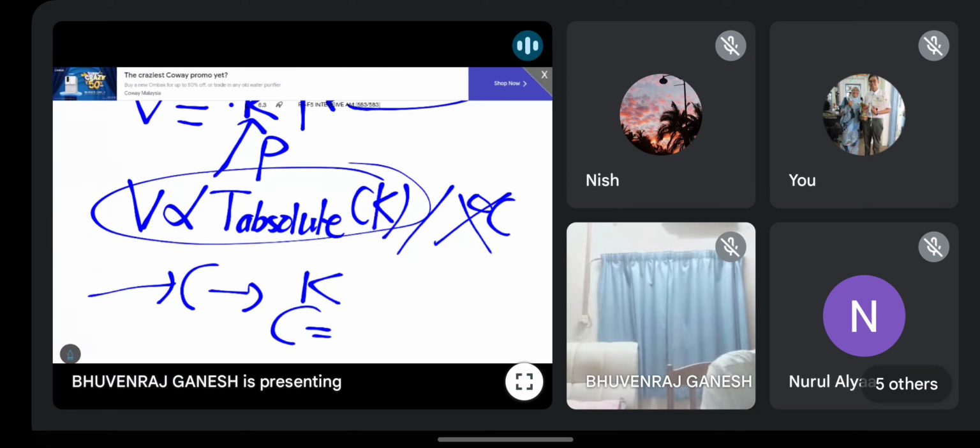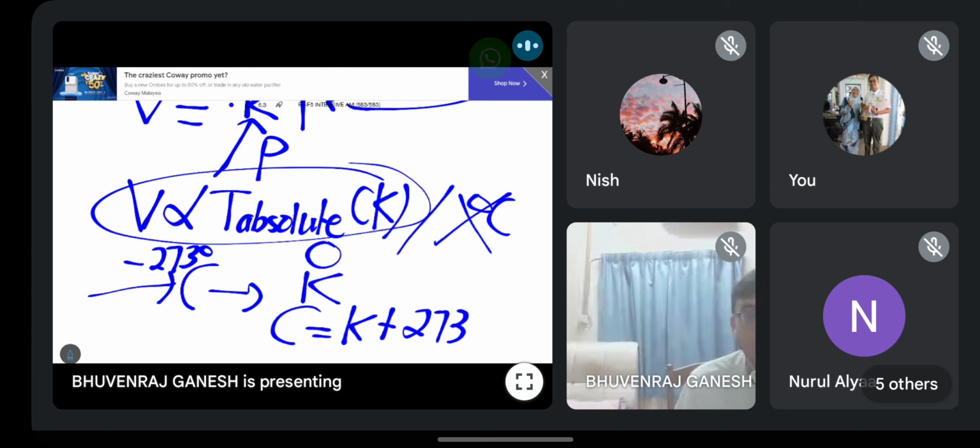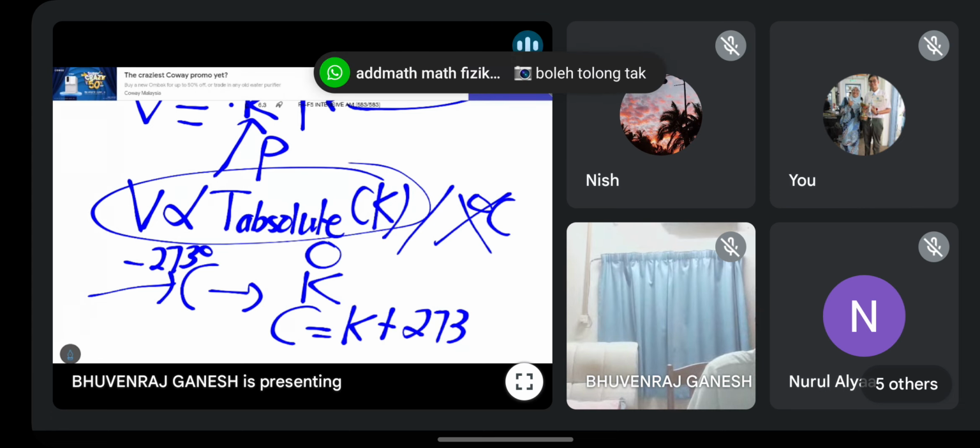No. Guys, negative 273 degrees Celsius is equal to 0 Kelvin. But I want to know how the conversion works. C equal to what? You should have K plus 273. Right? Can you all understand?